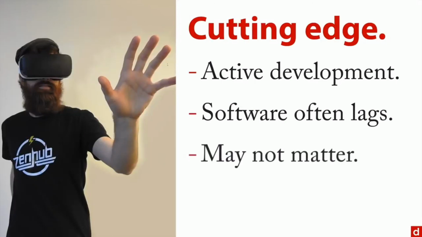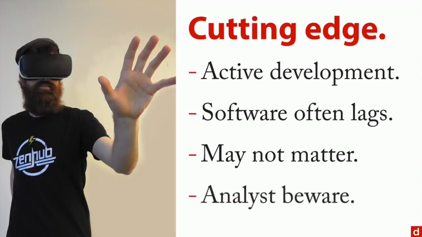What's funny though is often these cutting edge developments don't really make much of a difference in the results or the interpretation. They may in certain edge cases, but usually not a huge difference. And so I'm just going to say, analysts beware. You don't necessarily have to do it. It's pretty easy to do them wrong. And so you don't have to wait for the cutting edge.